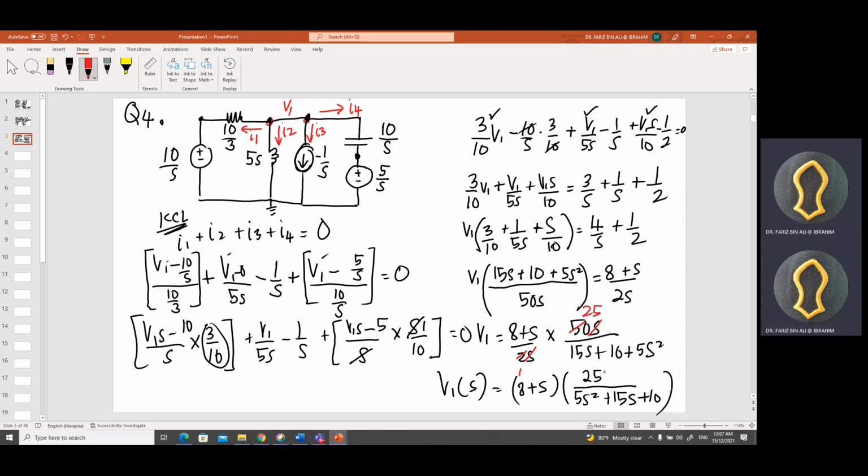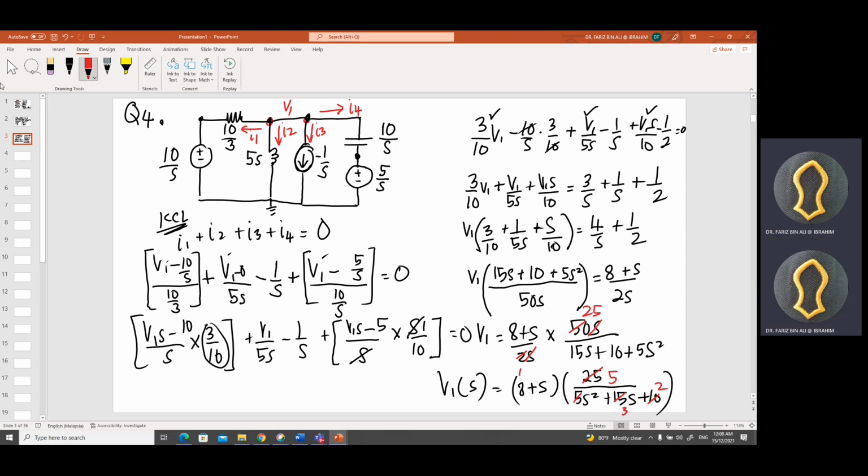Because 5 here, 5 can be simplified. 5 times 5, and then this becomes 3, and this becomes 2. Okay, that looks good. S squared plus 3S plus 2 at the bottom, the top we have 5. So 5 over S squared plus 3S plus 2.